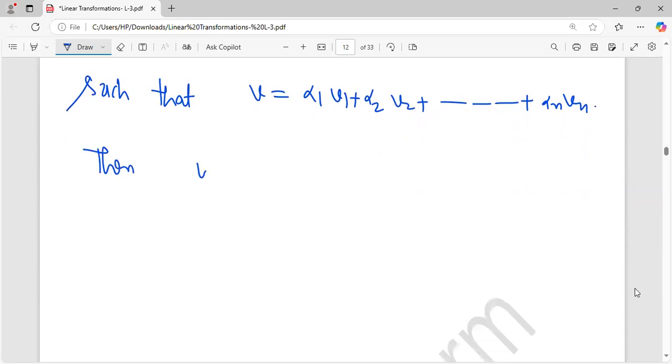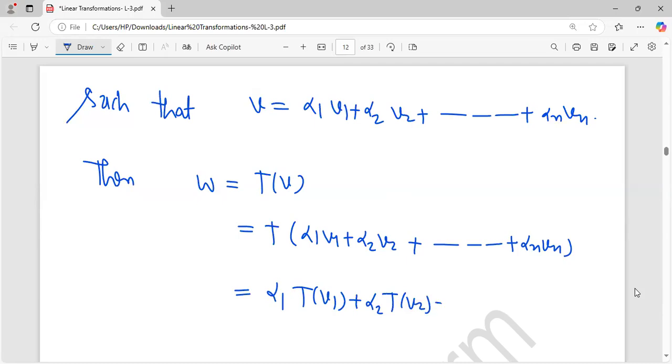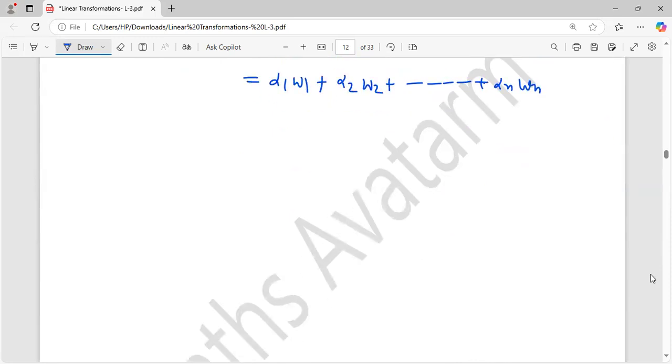Then w is equal to Tv, which is T of alpha 1 v1 plus alpha 2 v2 up to alpha n vn. This is alpha 1 Tv1 plus alpha 2 Tv2 up to alpha n Tvn. So this is alpha 1 w1 plus alpha 2 w2 up to alpha n wn.